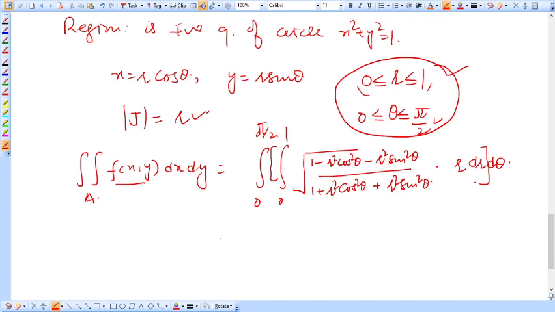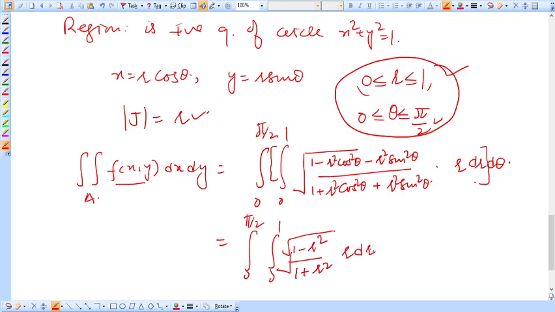Now next you just see, 0 to pi by 2, 0 to 1, and take r square common from here, you will be getting 1 minus r square divided by 1 plus r square, r dr, and outside d theta.